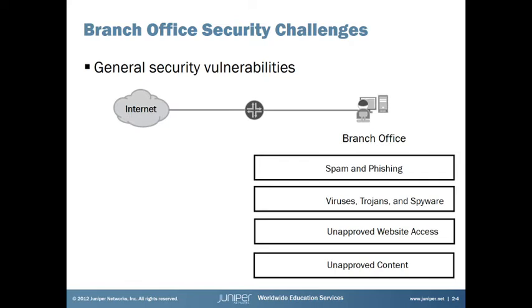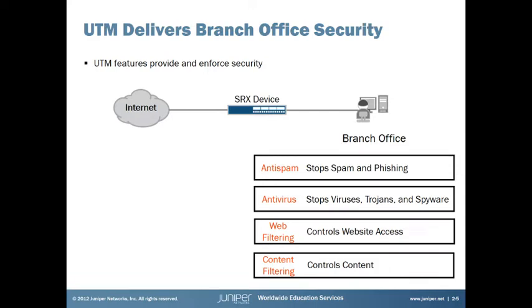It's probably going to be a device that has a reasonable amount of processing power, just to handle all of that. Okay, so let's get into looking at these different topics. So here we are: anti-spam, antivirus, web filtering, content filtering.